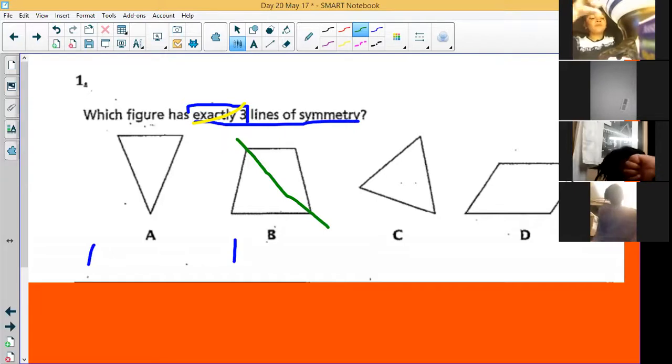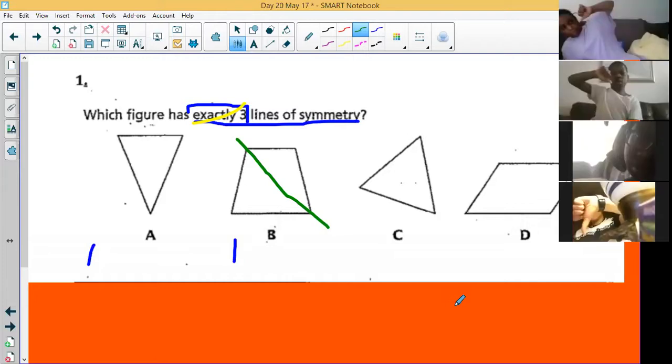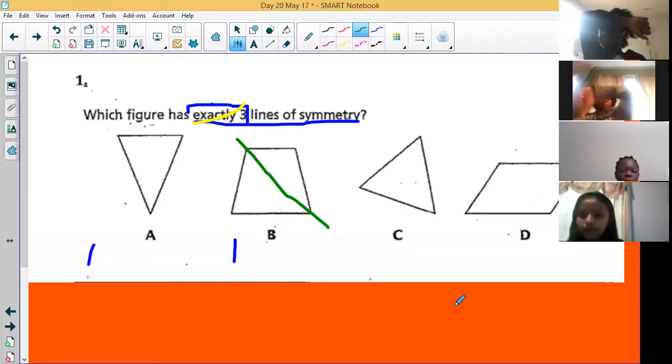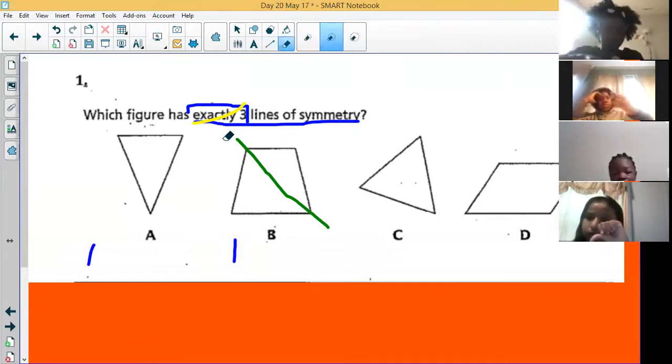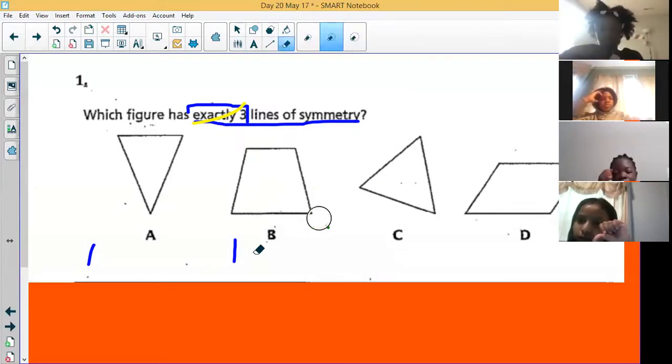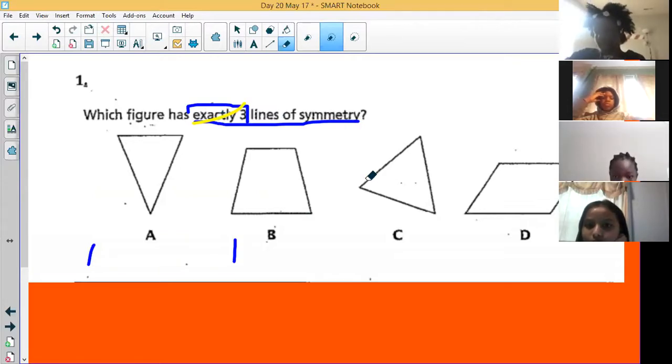Make sure I can see your thumbs. You guys are doing a great job. You're exactly right. It is not a line of symmetry. So that particular B only has how many lines of symmetry? One. And we're looking for 3. Okay? Everybody go to C.